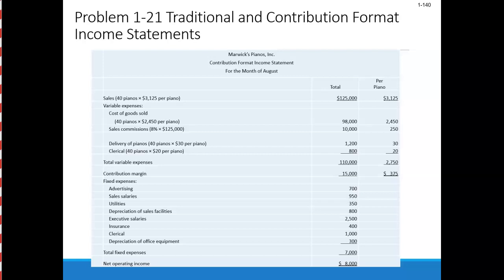So then you have the total variable expenses, total and per piano, and then your contribution margin that gets to go towards the fixed expenses. Then you see your fixed expenses with net operating income of $8,000.